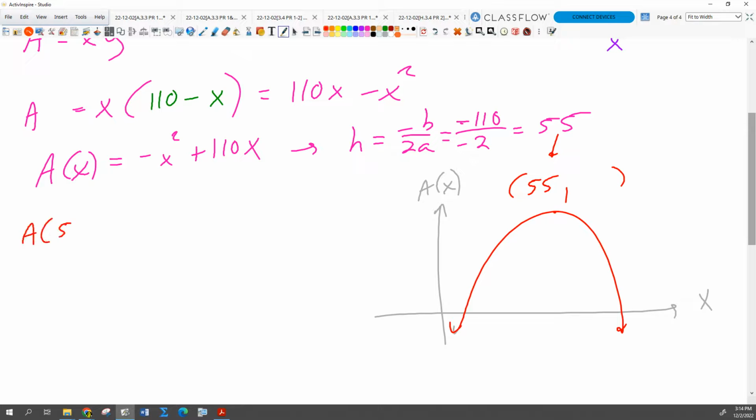A of 55 equals negative 55 squared plus 110 times 55. So that's 5,500 plus... so it's going to be 6... Is that going to be 3,025?